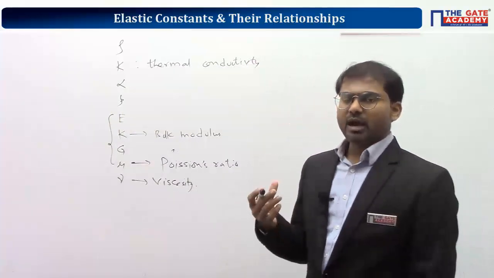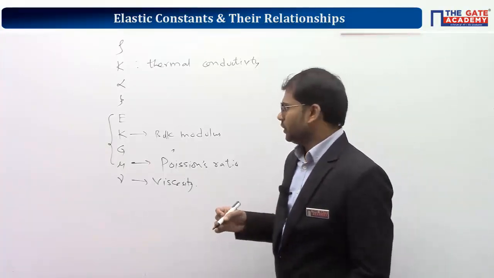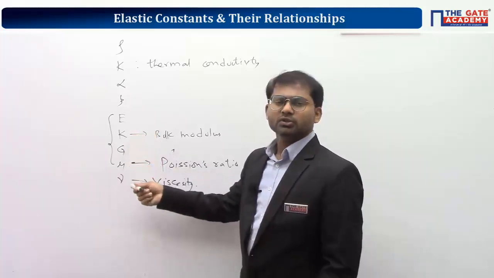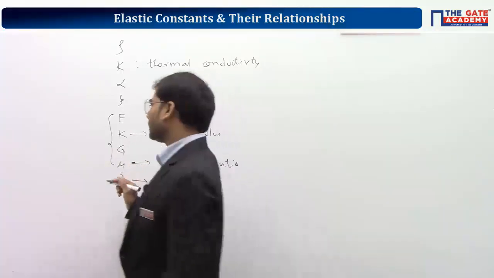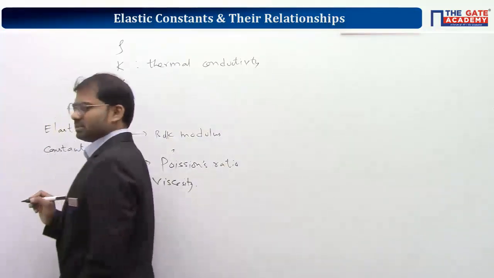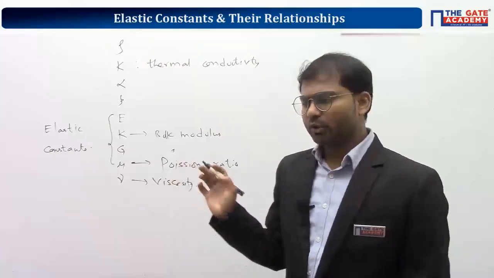So the elastic constants are E, G, K and mu. These four we study here, and they are called elastic constants because they decide how elastically the metal can behave.